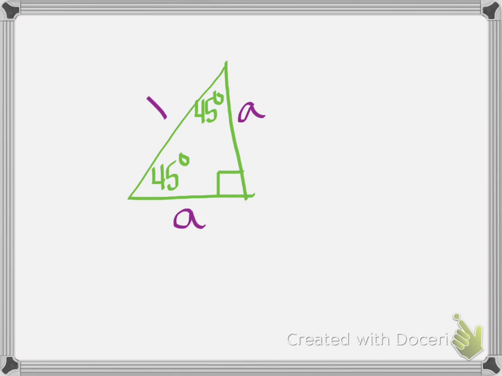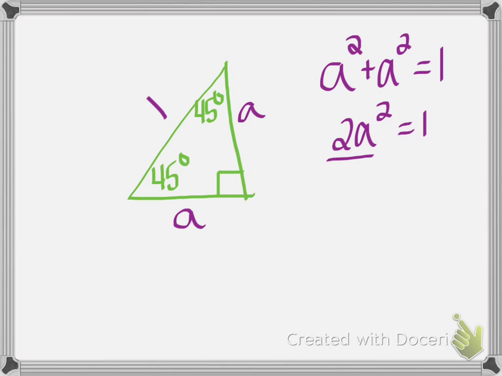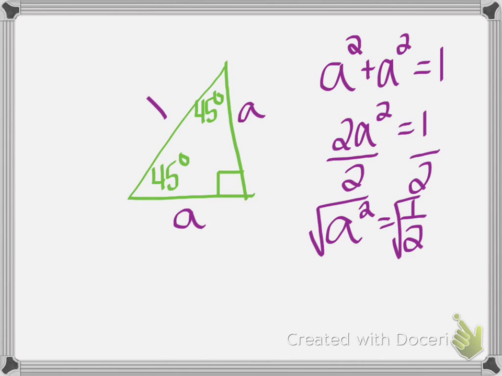Now, if I do the Pythagorean theorem here, I see that A squared plus A squared equals 1. So 2A squared equals 1. And when I divide by 2, I see that A squared equals 1/2. Now, if I'm solving for A and I take the square root of both sides, I can see that A equals the square root of 1/2, which is the same as the square root of 1 over the square root of 2.